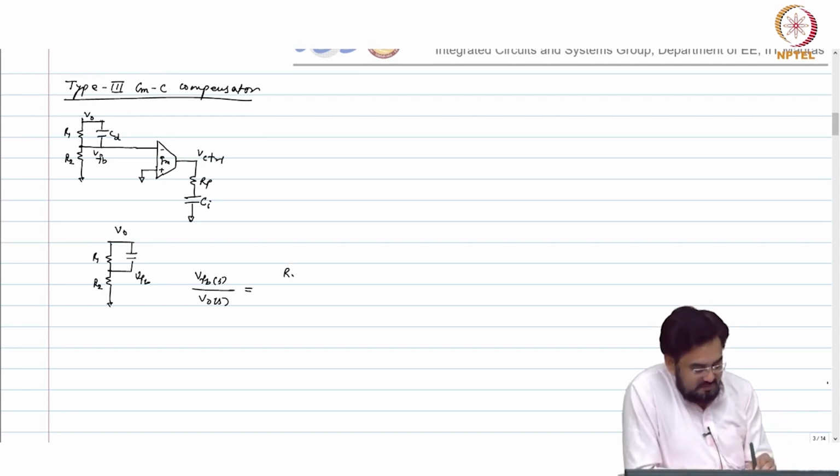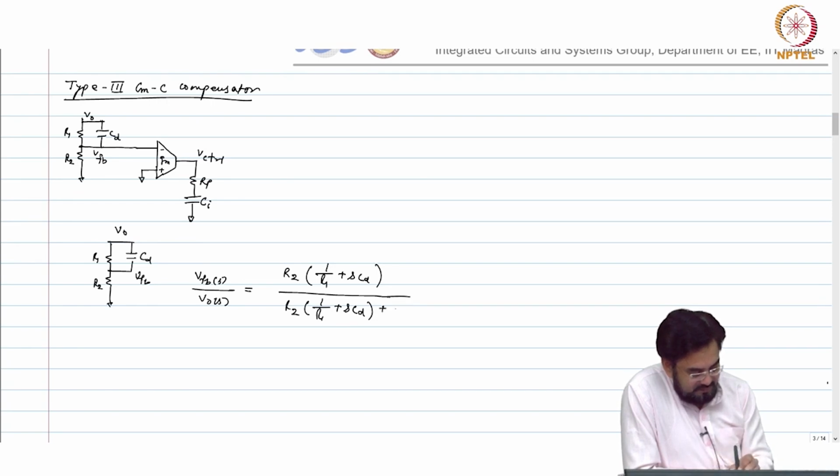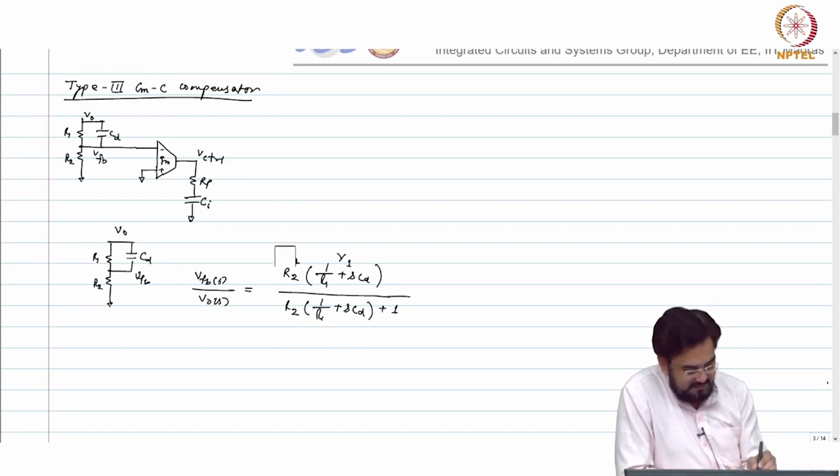This will be R2 into R2 plus Z2, Y1, Z2, or let me write this way.